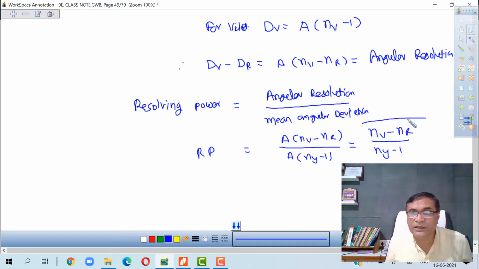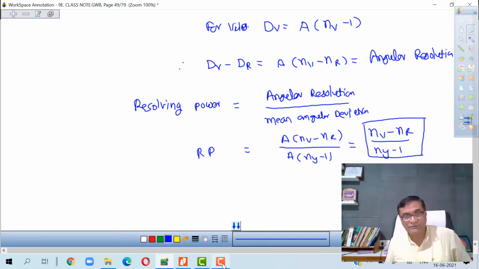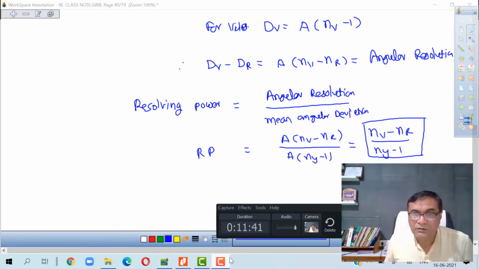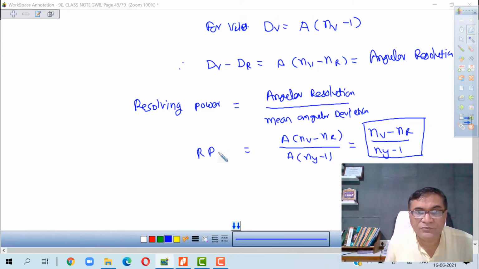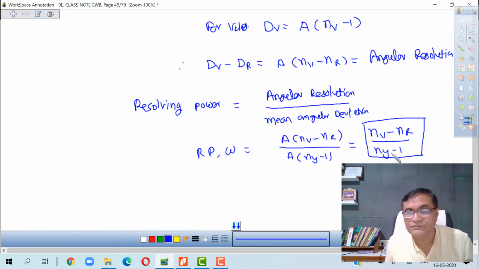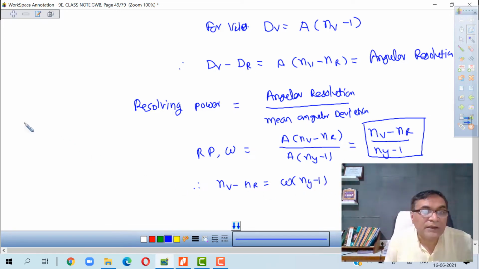This is an important formula. Okay. And it is symbolized as omega. So I can write that like this also: (nv minus nr) upon (n yellow minus 1), sometimes આનો પણ ઉપયોગ થાય. Omega equals (nv minus nr) upon (n yellow minus 1), અથવા n mean લઈ લેવાનું. તમે આમ પણ લઈ શકો.